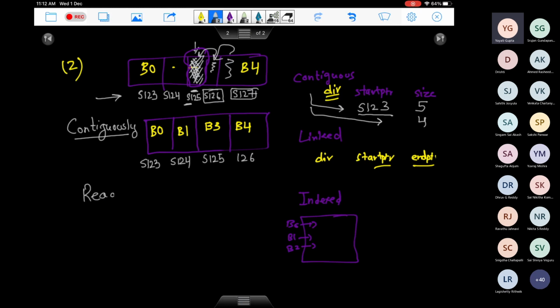So read S126, write S126 to S125, and then read S127 and write S127 to S126. Correct? So 2 reads and 2 writes.